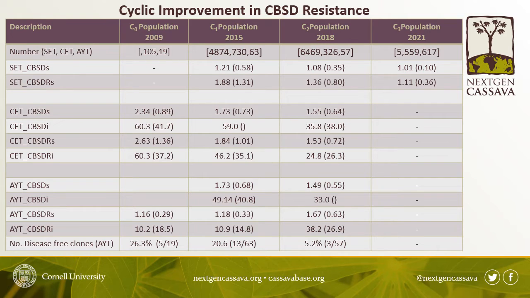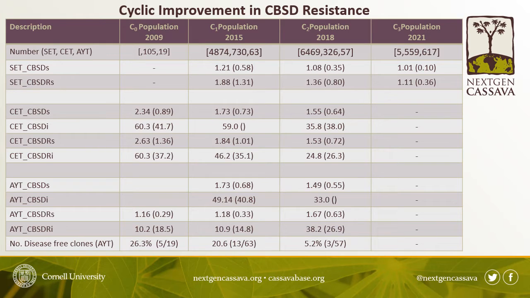In C2 we had 6,469 evaluated at SET, 326 at CET and 57 at AYT. And at C3 we had 5,559 individuals evaluated at SET, and right now we have 617 individuals. So we are computing means from this, and what we have in parentheses are the standard deviations associated with these evaluations. What are the patterns?